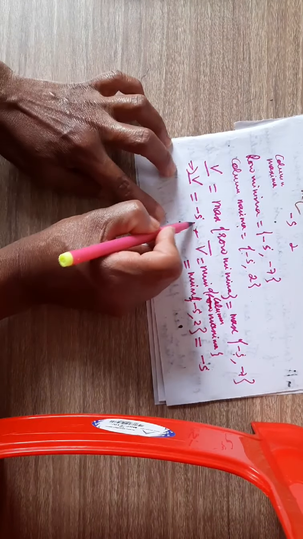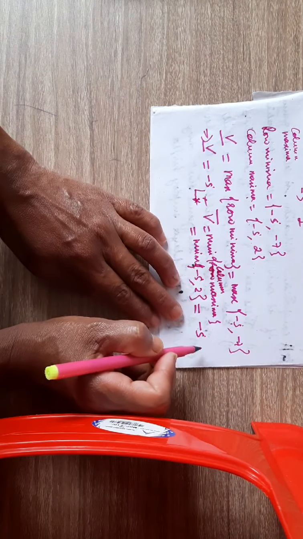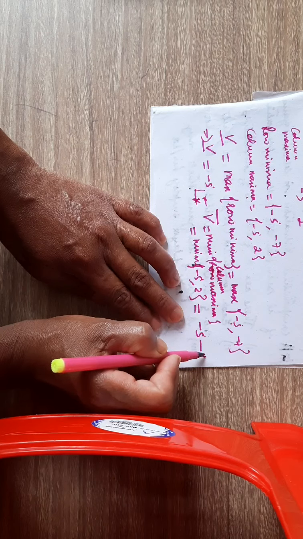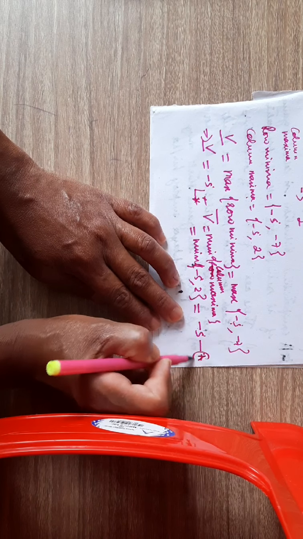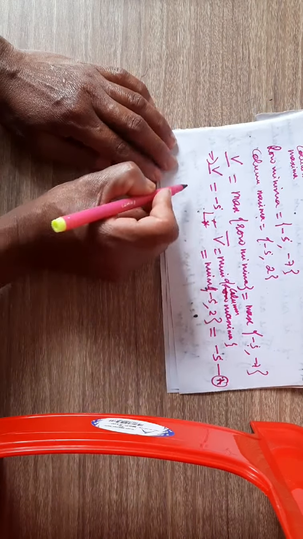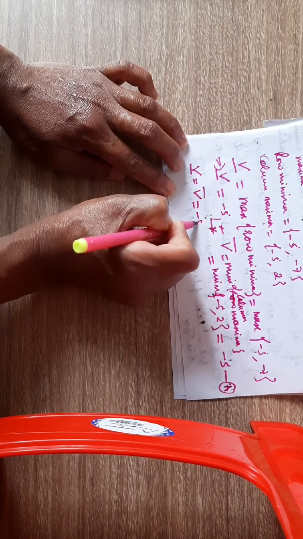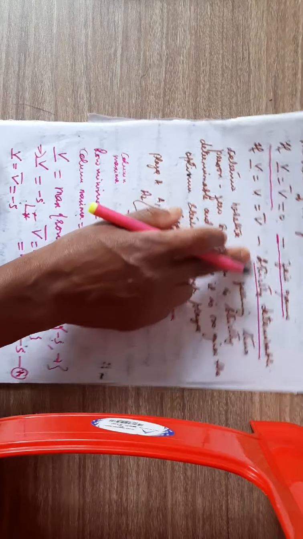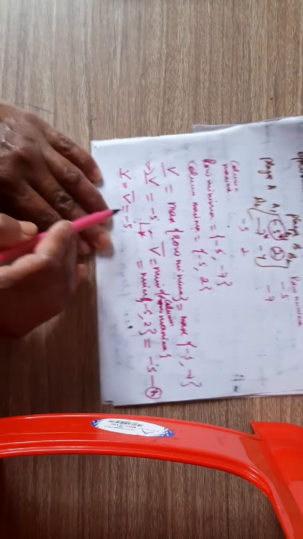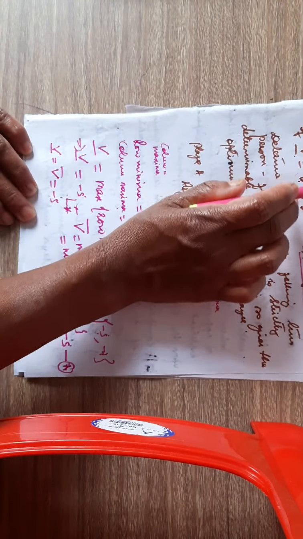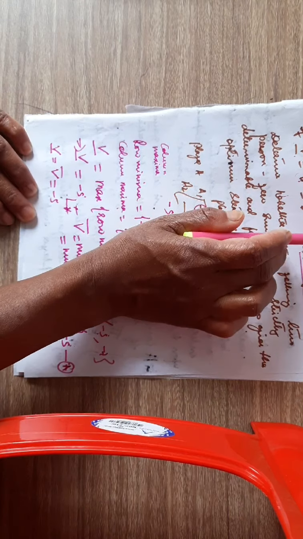Now from the starred equation and equation A, we see that V lower bar is equal to V upper bar is equal to -5. If you see the definition, the payoff at the saddle point is called the value of the game.